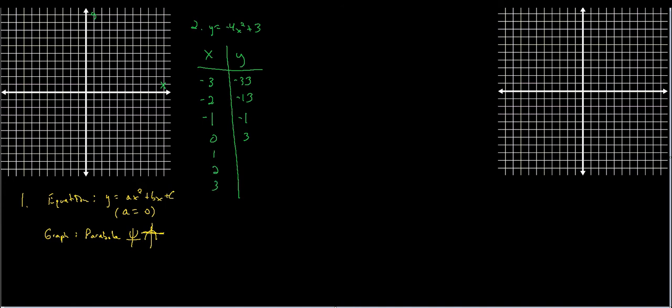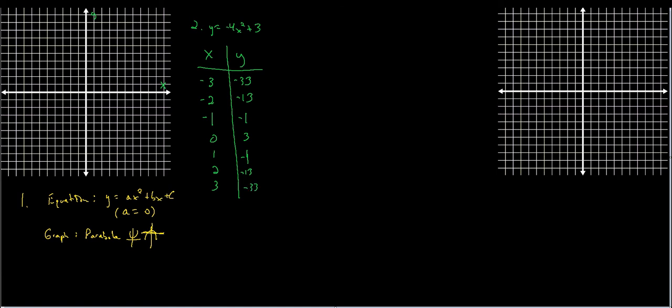We're going to end up with the same values we had for negative 1, negative 2, and negative 3, because the x is being squared. So with this, we have at 1, it's going to be negative 1. At 2, it's going to be negative 13. And at 3, it's going to be negative 33.